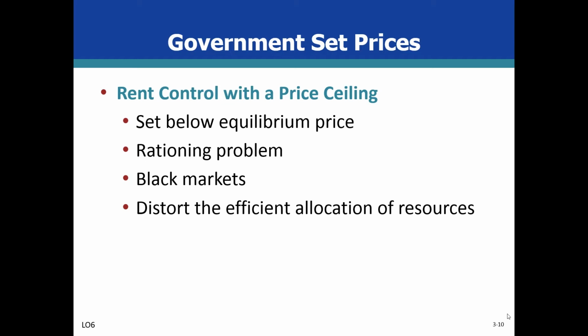To conclude the lecture, let's take a look at two conditions where market equilibrium is distorted by government intervention. In the first case, the government is interested in providing low-cost housing. So, they implement rent control and establish a price ceiling.